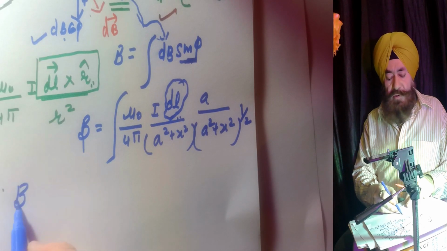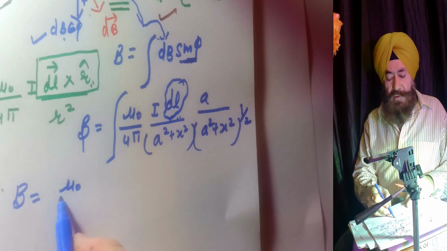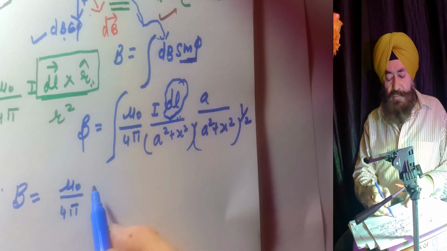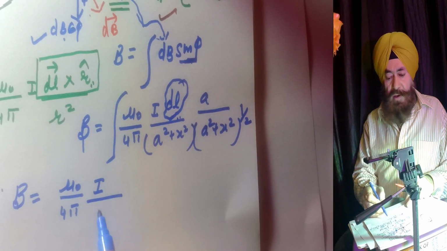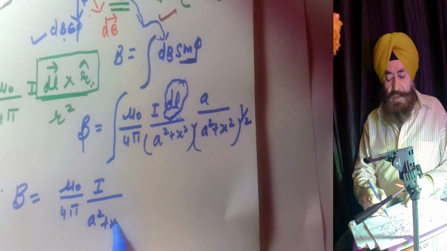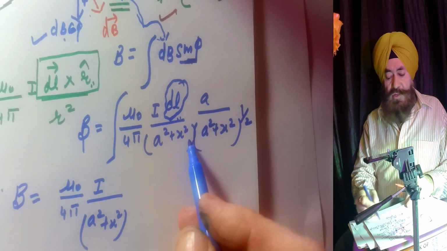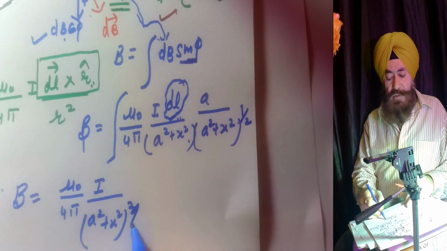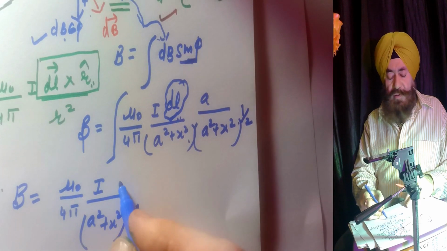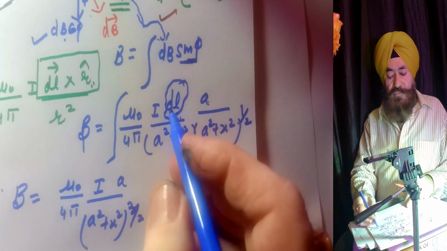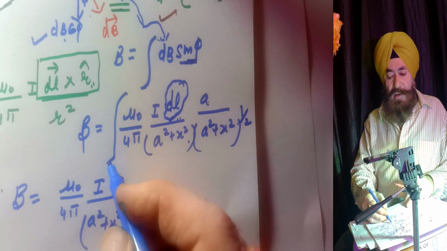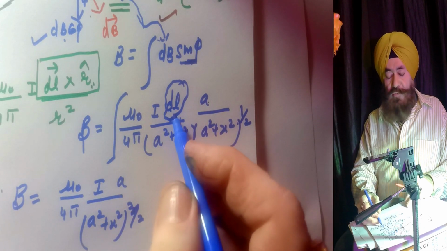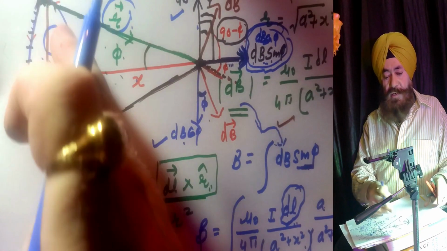So the B becomes mu naught over 4 pi, I upon a square plus x square raised to power 3 by 2. Then it is a, and integral of dl means total length of the loop. What is total length?